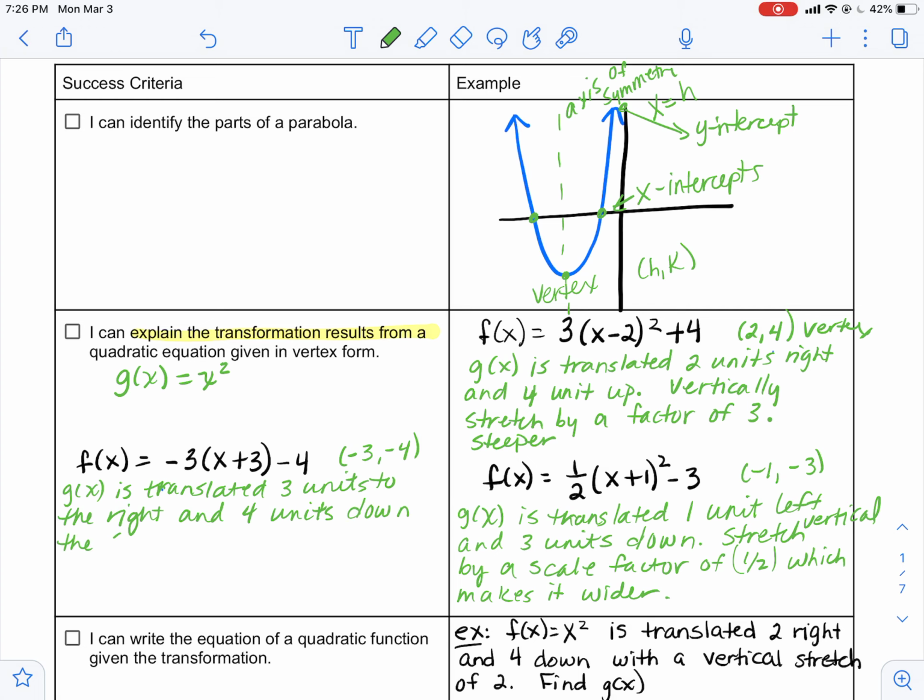Then a vertical stretch of 3, and I'm going to just put out there, steeper. And also reflected over the x-axis.